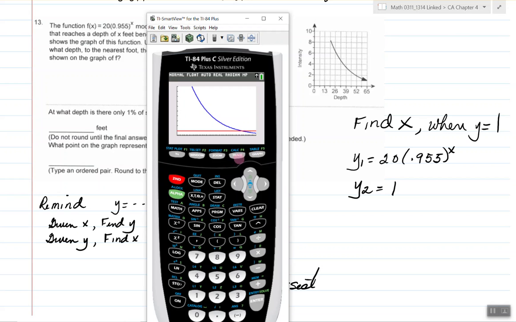So second, calc, number 5, intersect. And I get that the depth is approximately 65 feet.